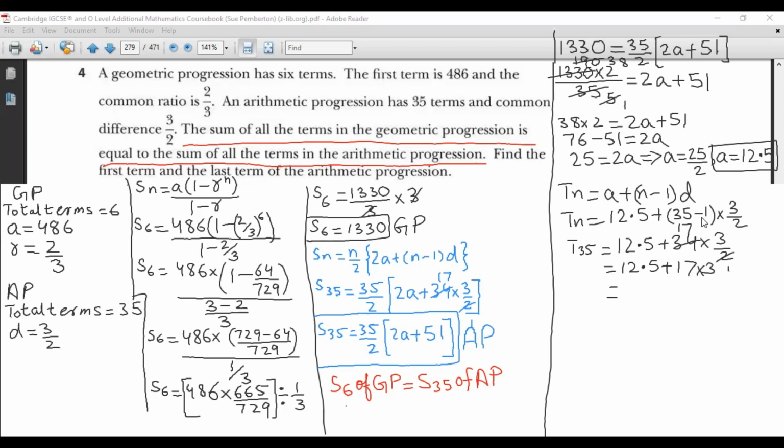Don't forget to use the BODMAS rule. 12.5 plus 51. When I simplify it, my final answer will be 63.5 as the last term of the AP. The result is coming 63.5.